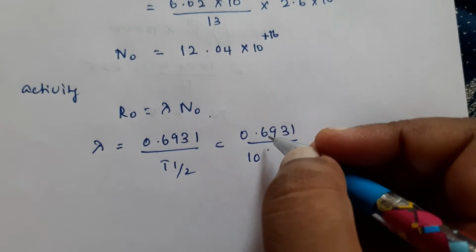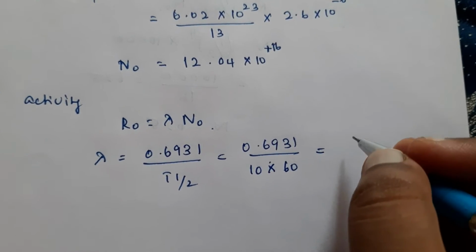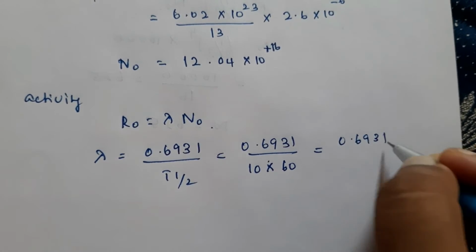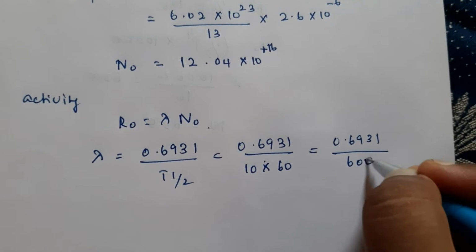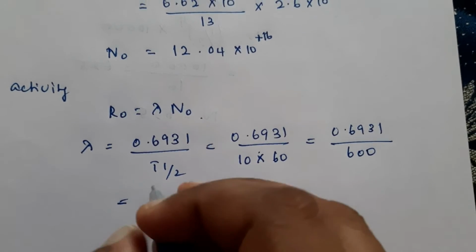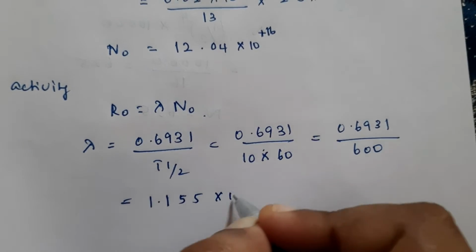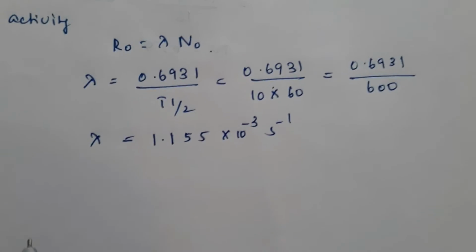Half life is 10 minutes, so 10 into 60, we have to write it in seconds. So 0.6931 divided by 600, which gives 1.155 into 10 raised to minus 3 per second. This is the value of lambda.